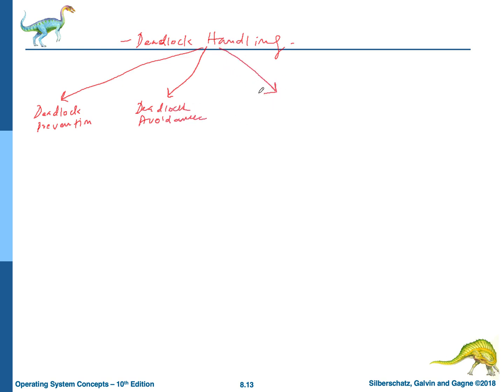Number 3 is deadlock detection and recovery, right? And number 4 is deadlock ignorance.